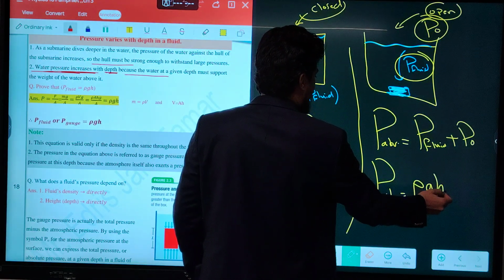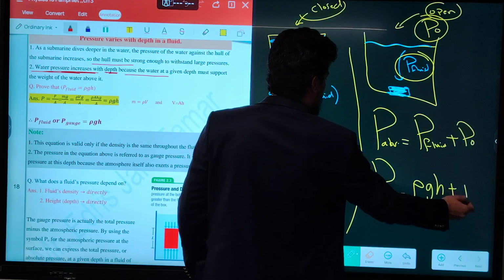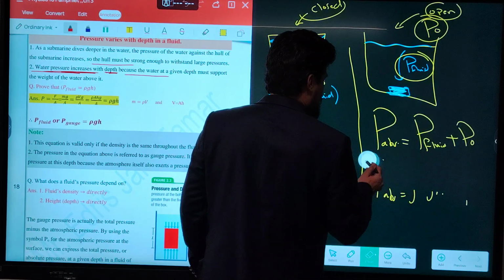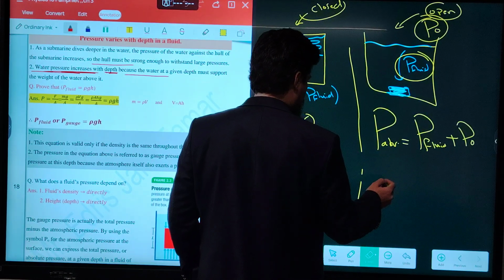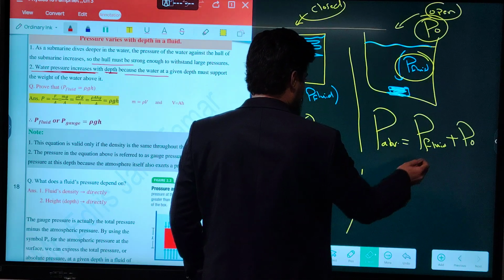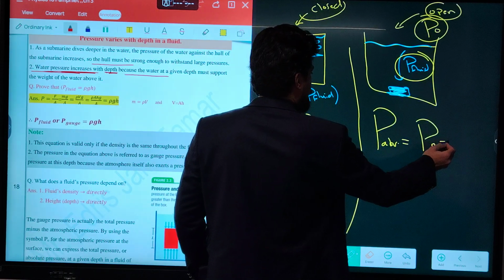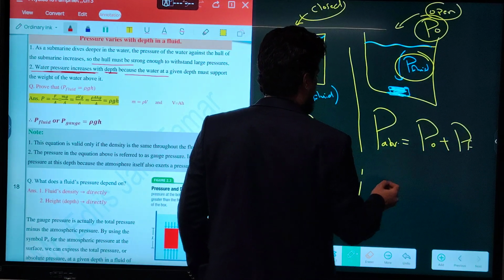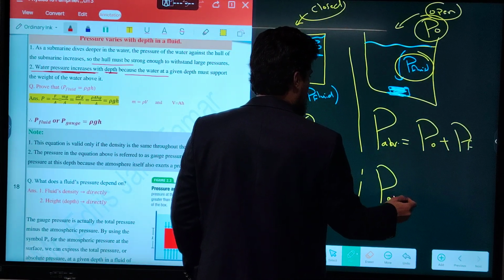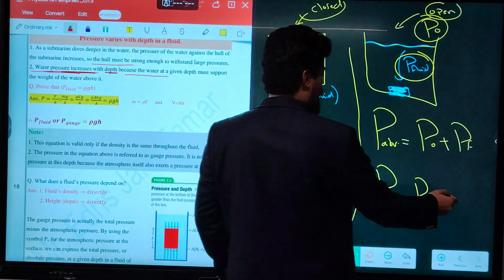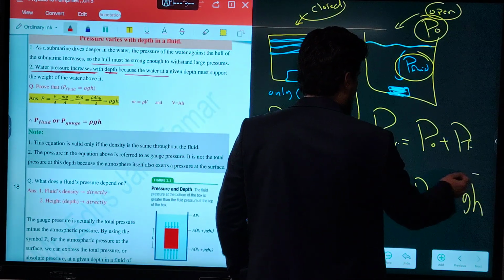Rho g h plus what? P naught. Or we can say P atmospheric, it doesn't matter, both are correct. P atmospheric plus P fluid. P absolute, atmospheric pressure plus rho g h.